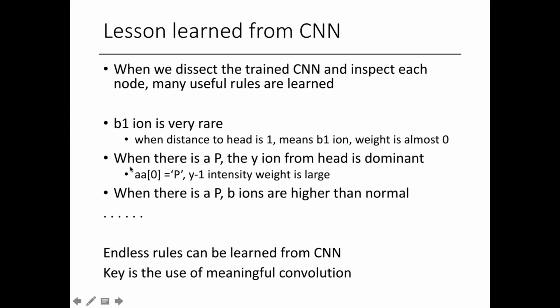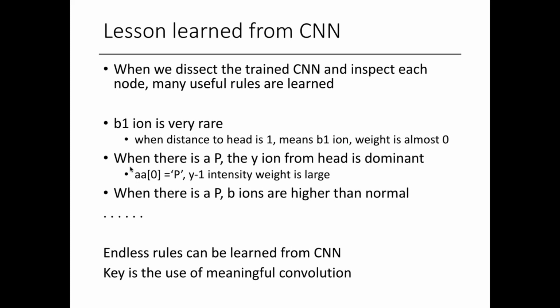Another thing we learned is that when there's a proline, the Y ion from the left side of the proline is very dominant, which is consistent with our previous experience. There are other things we can learn too. For example, when there's a proline, there's a higher percentage of B ions.